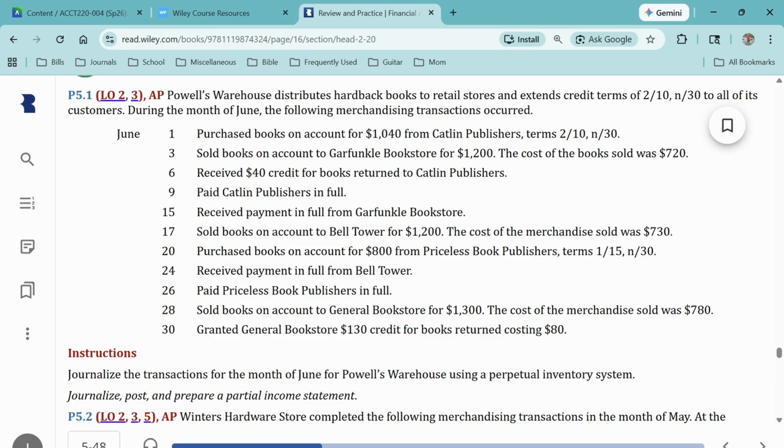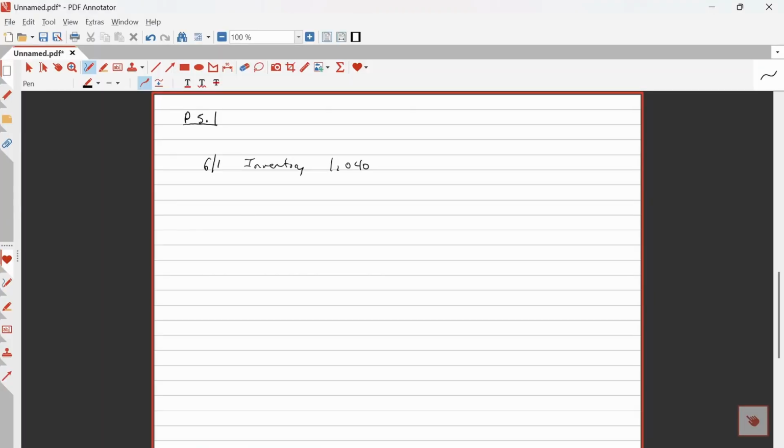A liability. In particular, accounts payable. And how do we make a liability go up? We credit it. That's the journal entry. Now I'm going to keep track with a little description.